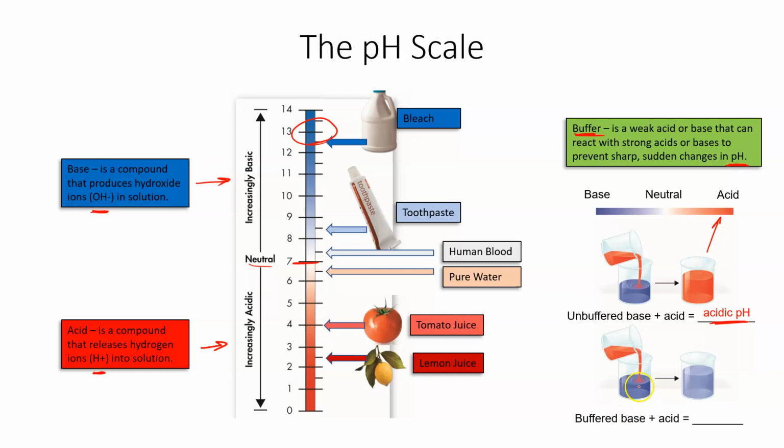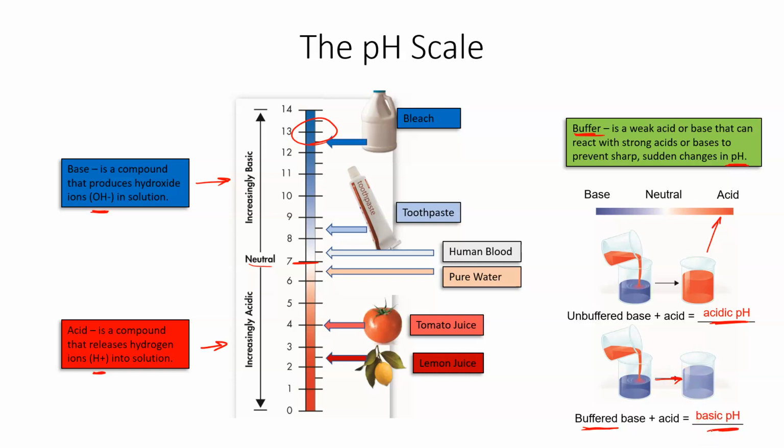However, when we put in a buffered base, and remember a buffer is a solution that prevents sharp, sudden changes in pH, if we buffer the base and add the same amount of acid, you're actually going to see that we stay basic. Why is this important?